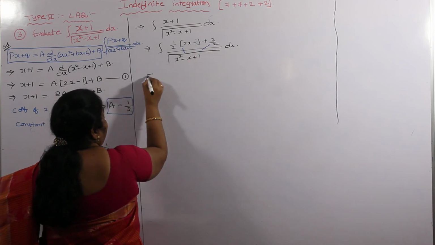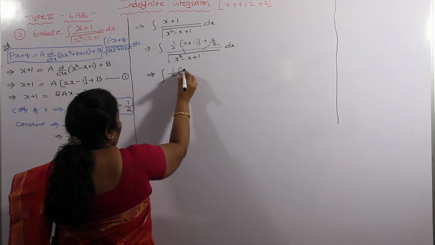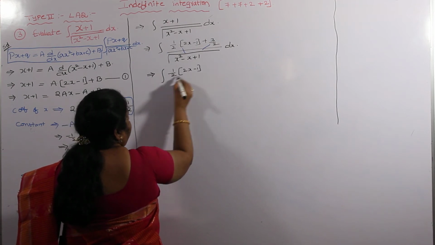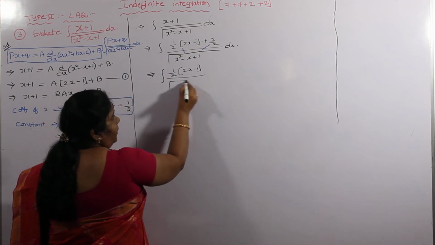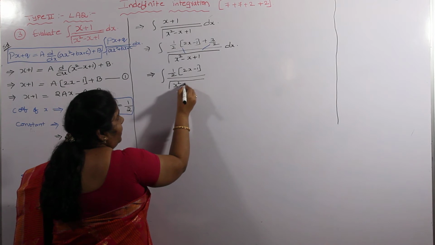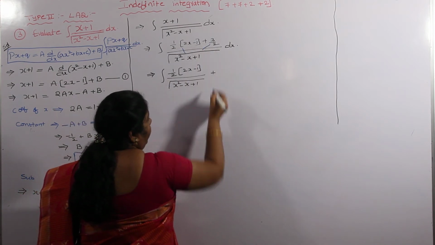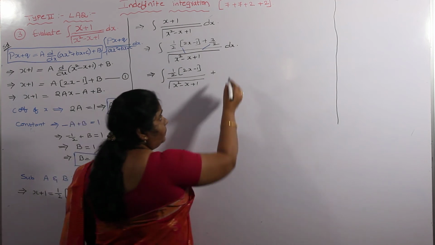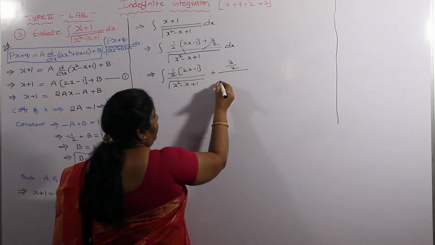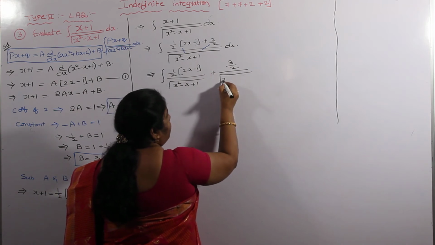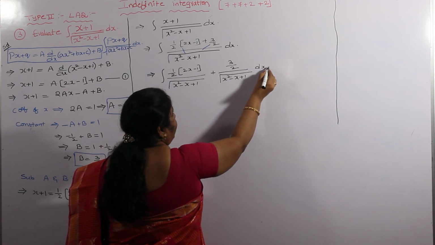That implies integral of 1 by 2 of (2x minus 1) whole divided by the denominator term, that is x square minus x plus 1, plus 3 by 2. In the numerator we have 3 by 2, and the denominator take it directly, that is x square minus x plus 1 whole dx.